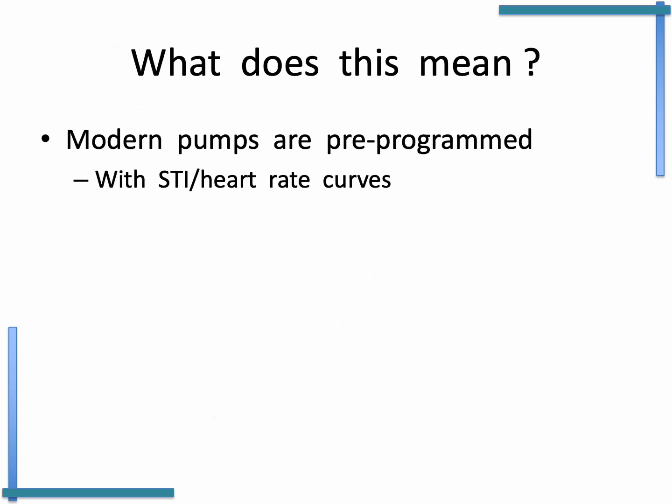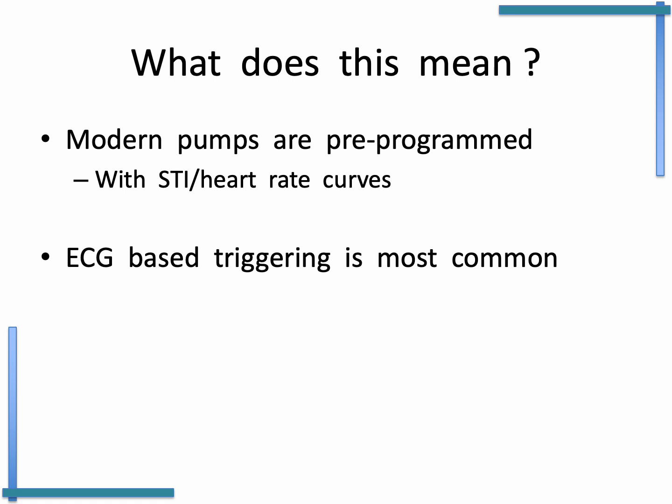So modern pumps are pre-programmed with systolic time interval heart rate curves, and so once they've got the information for any particular patient, then they can predict very reliably how to adjust the timing of the pump with an alteration in heart rate. It's why with most of our modern machines we just use them running in an auto mode, and we don't go and adjust the inflation and deflation of the balloon manually.